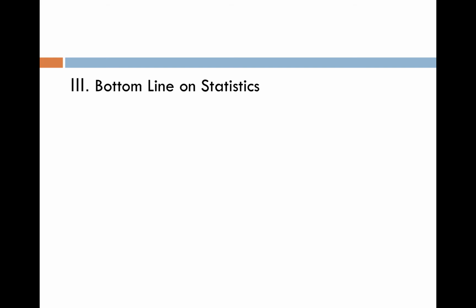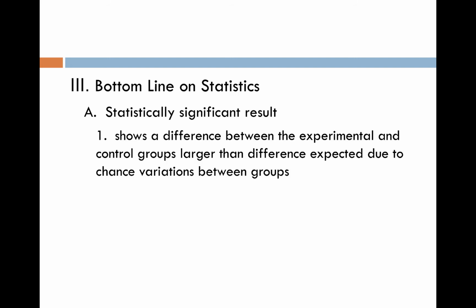Okay, so the bottom line on statistics, looking at statistically significant results, that shows a difference between the experimental and control groups larger than the difference expected due to chance variation between groups. So that means that there is most likely a true difference between the 2 groups due to the treatment.